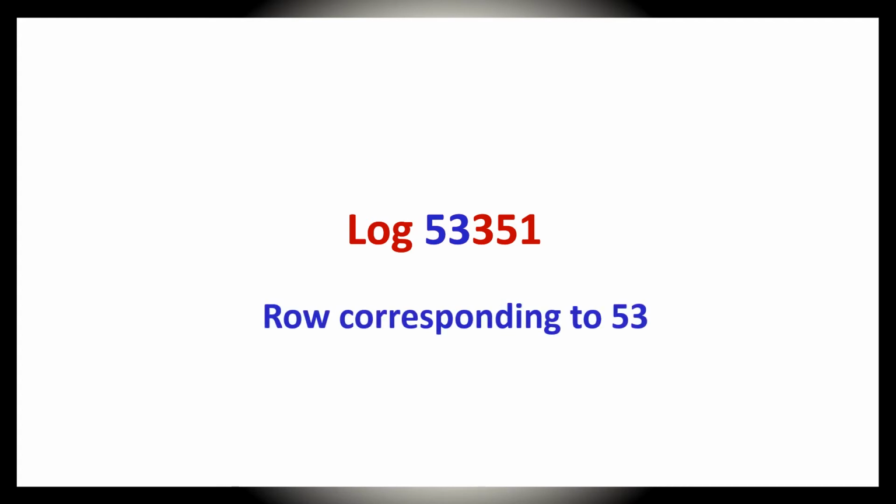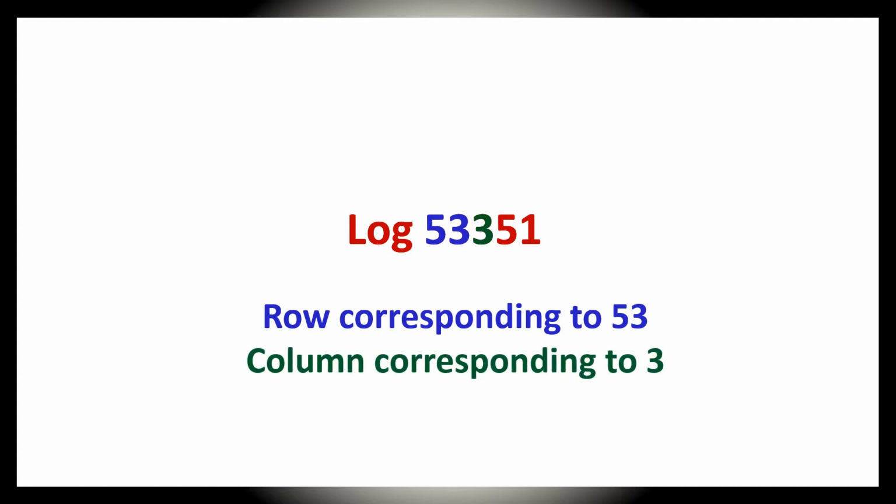Then the next digit is 3. So we have to consider the column based on that digit, that is column corresponding to 3. Then the next digit is 5. We have to consider the mean difference based on the fourth digit, that is 5.